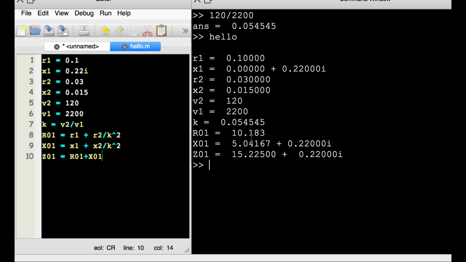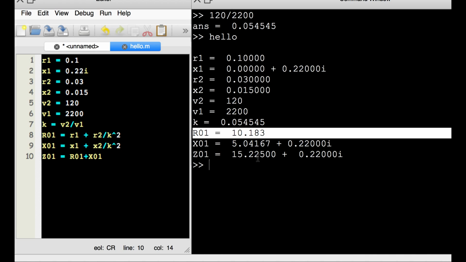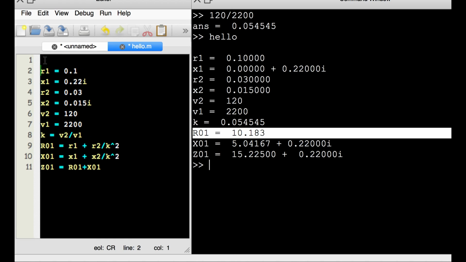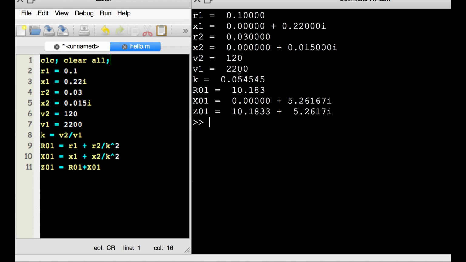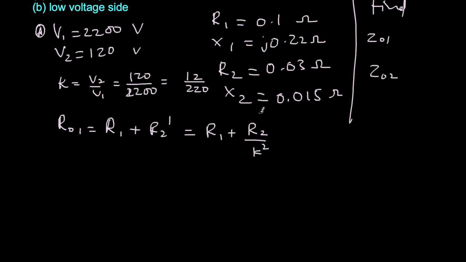So I have all the answers here. R01 is 10.813. I think here I forgot to define i. So let's run it again. Clear screen, clear all variables. So now I have the correct answer. X01 is purely inductive and R01 is purely resistive, and then the total is this.